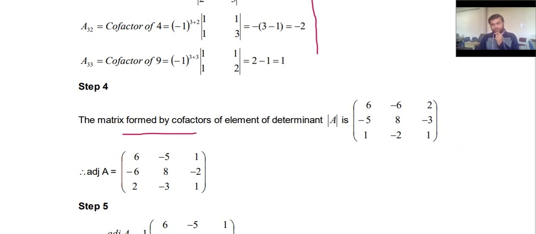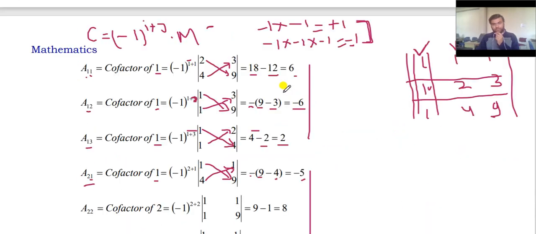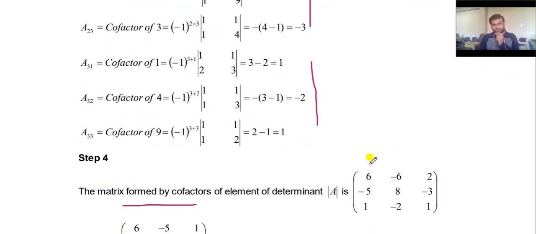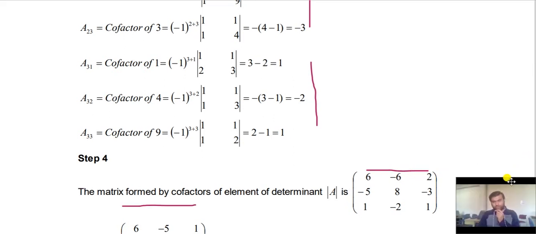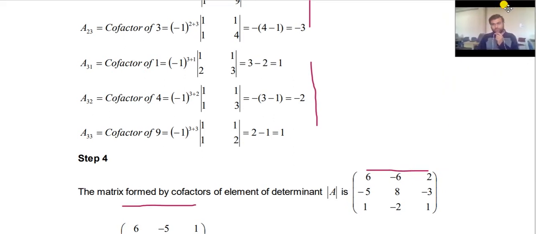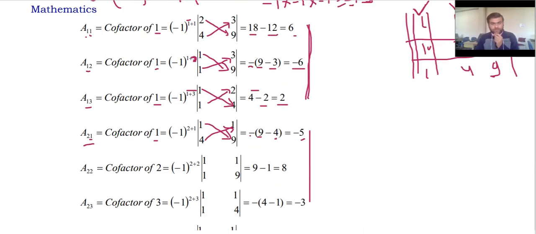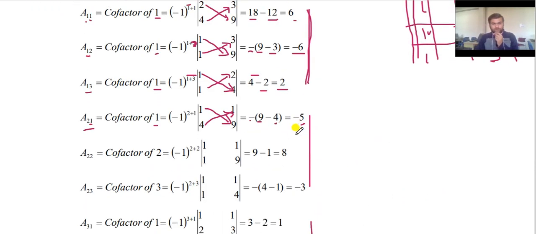In the cofactor matrix, these are the cofactors of the first row: 6, minus 6 and 2. So we arrange that in a row: 6, minus 6 and 2. The cofactors of the second row are minus 5, 8 and minus 3.